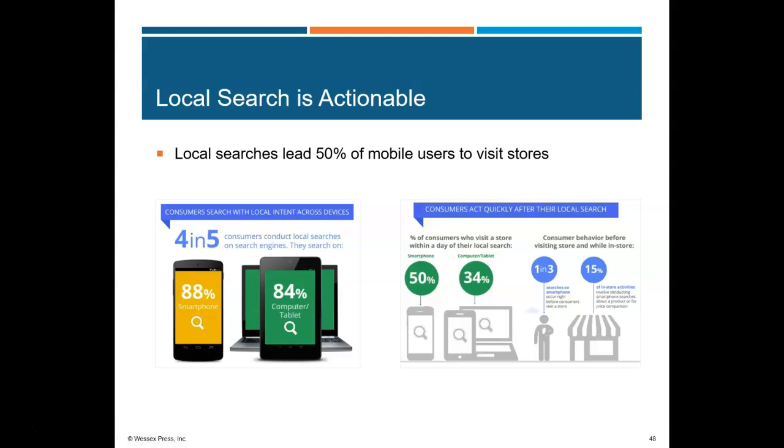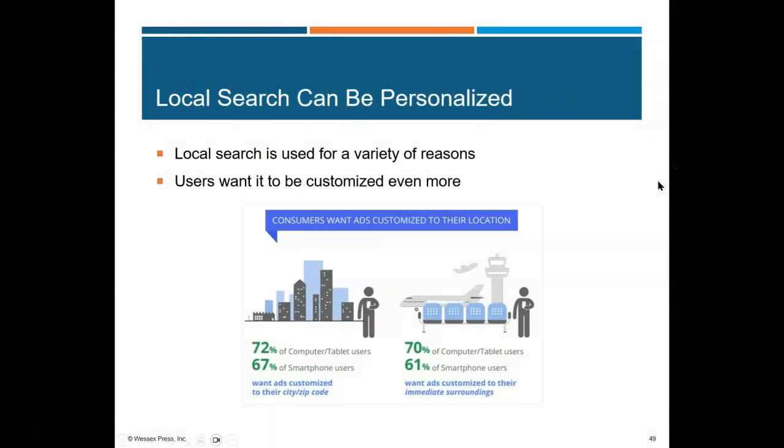Local search is actionable. Local searches lead 50% of mobile users to visit stores. Very true. And it is even a higher percentage now because all of us use mobile devices. It's very important that even if it's a small business, you invest in digital marketing because everybody has a phone. It's hard to hear that somebody doesn't have their phone with them.